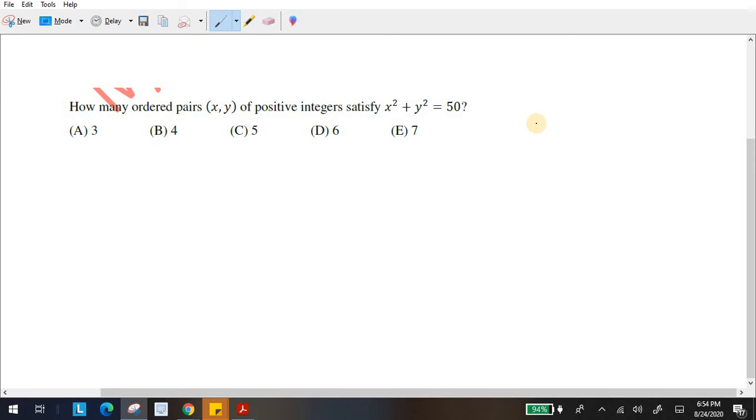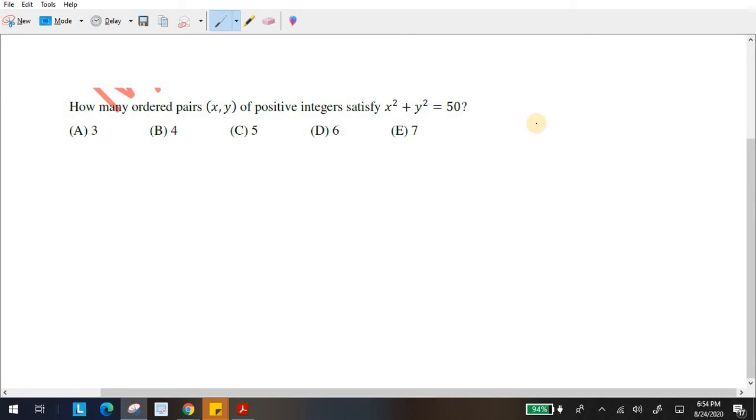x, y positive integers. What am I missing? 49. Okay, what about ones after? 7. 64. x squared plus y squared equal to 50.